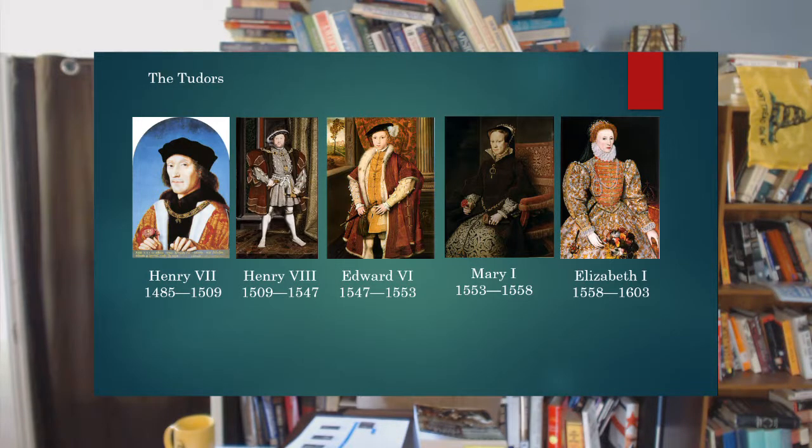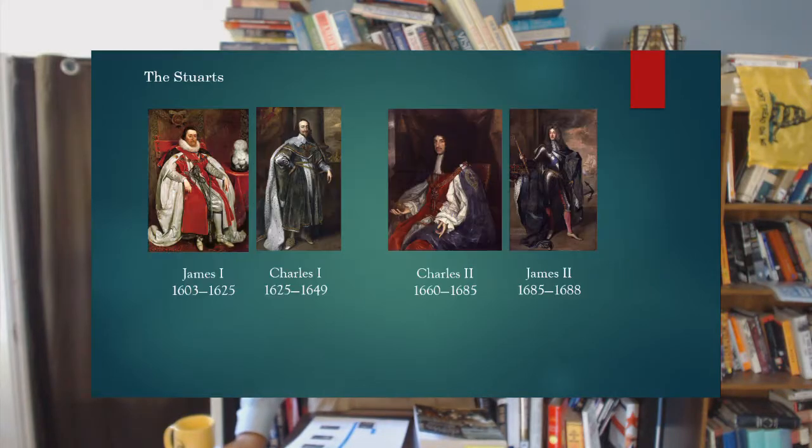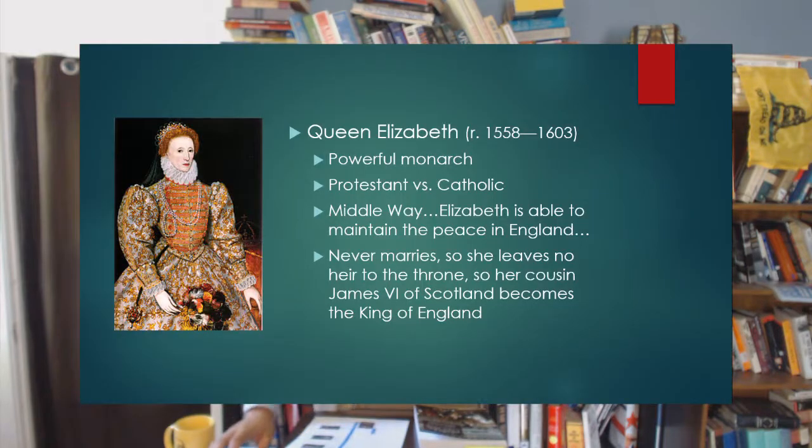Now, the Tudors had ruled previously. When Queen Elizabeth dies, she passes the crown on to James I. So James, Charles I, Charles II, James II, these are the Stuarts, and they're who the Civil War is fought against. Queen Elizabeth was a powerful monarch. We covered her.